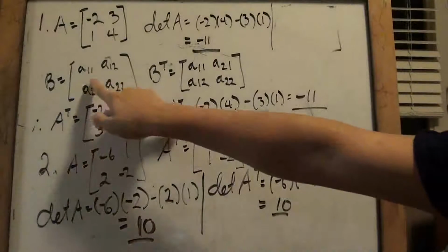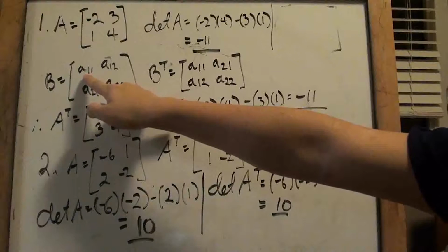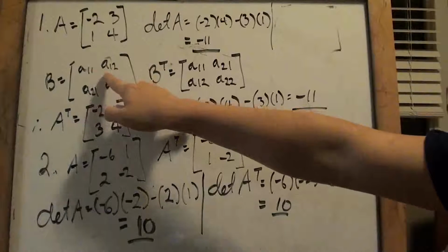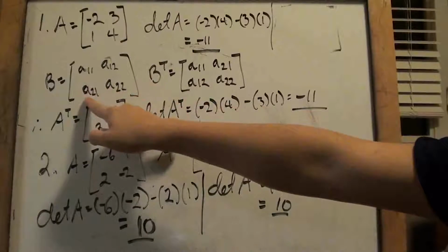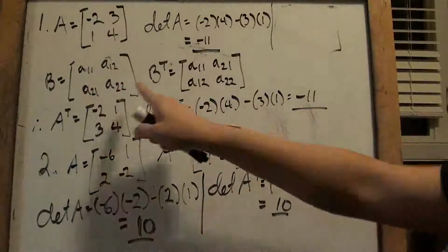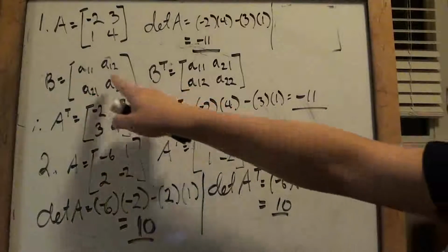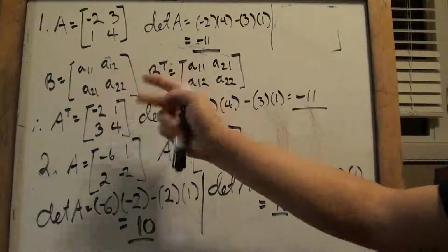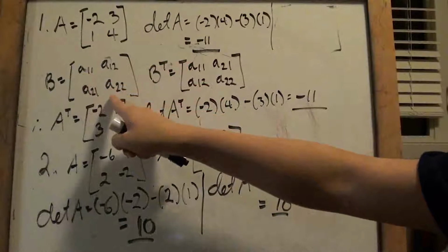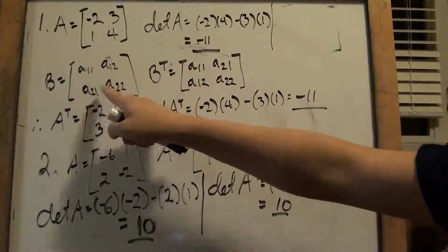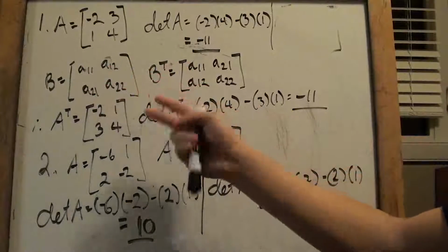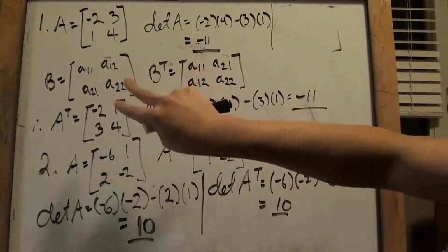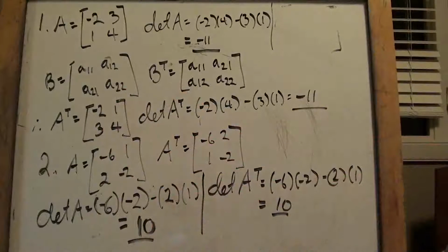So first entry here, row 1, column 1, row 1, column 2, row 2, column 1, and so forth, right? With transposes, all we're doing is making sure row and column are switched, which is why A11 and A22 stay the same, because even if you flip them, it's the same thing. If you have 1 and 1, flip those digits and you still have 1, 1.